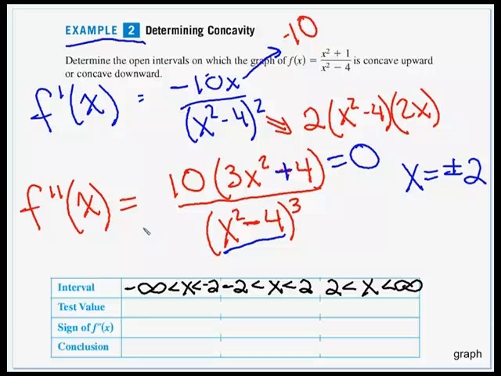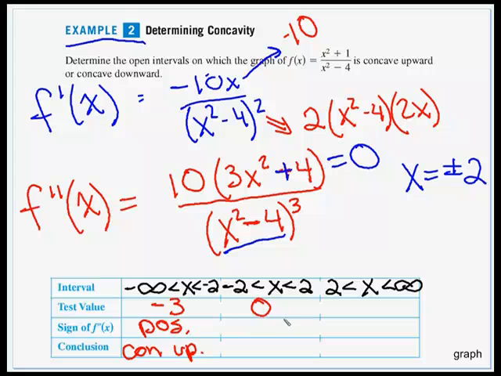And now again, we want to pick out some test values and put them into that second derivative. So here in our first interval, a good test value would be negative 3. If we plug that into the second derivative, we are going to have a positive output. A positive number comes out, and that tells us we're concave up. Our second interval, from negative 2 to 2, a good test value right in the middle at 0.